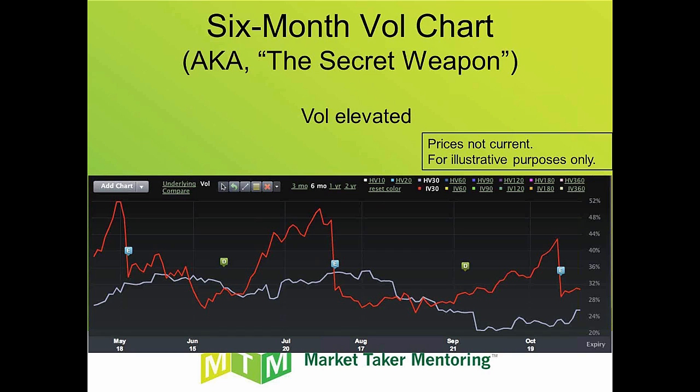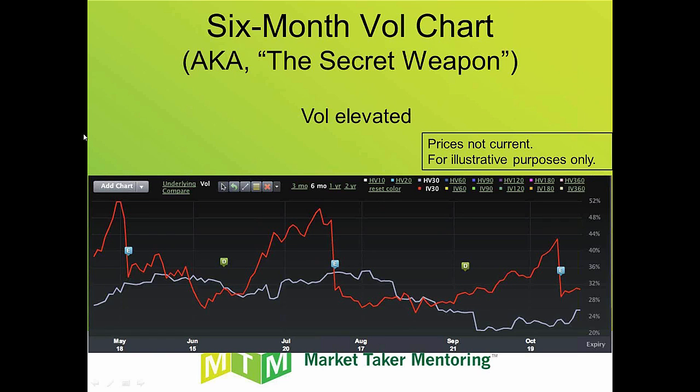It's more common for people to use a 30-day historical. That's why I left it in the presentation. But most of the time I'll use a 20-day because there are about 21, 22 trading days in a 30-day month. So comparing 20-day HV to 30-day IV is more of an apples-to-apples comparison.